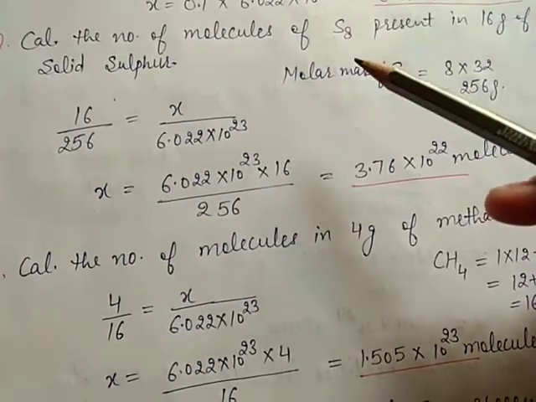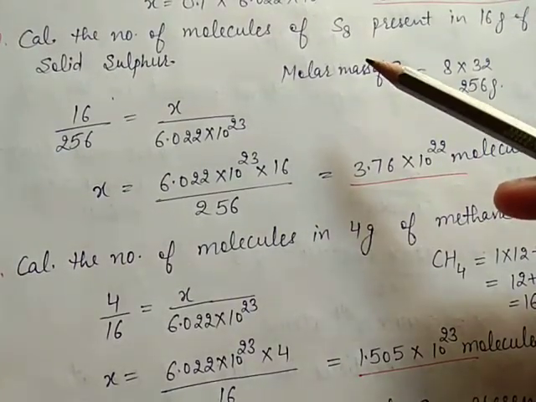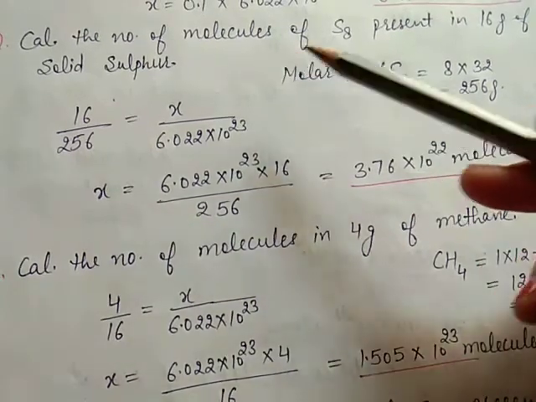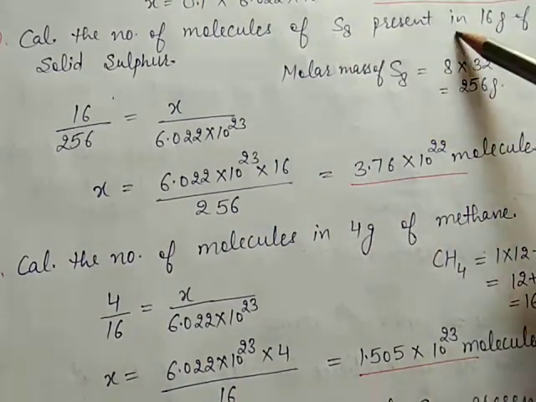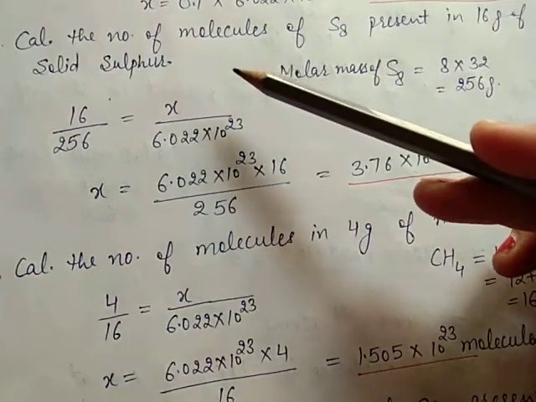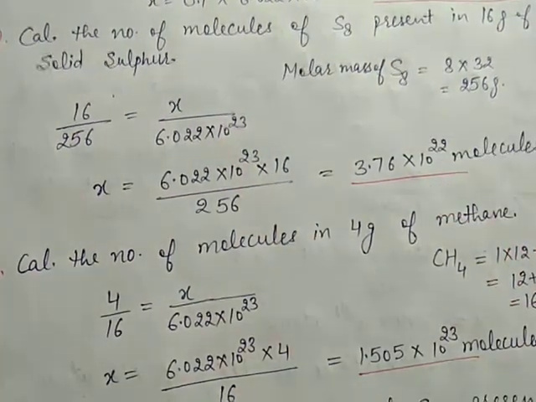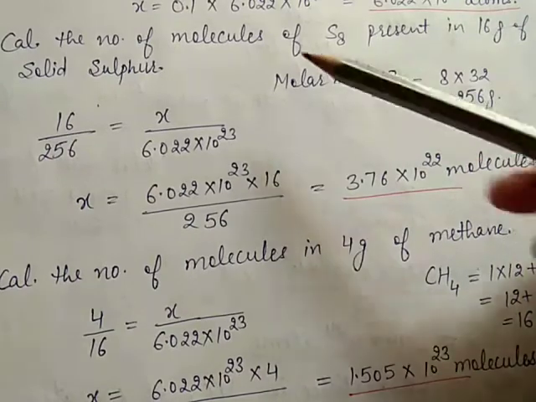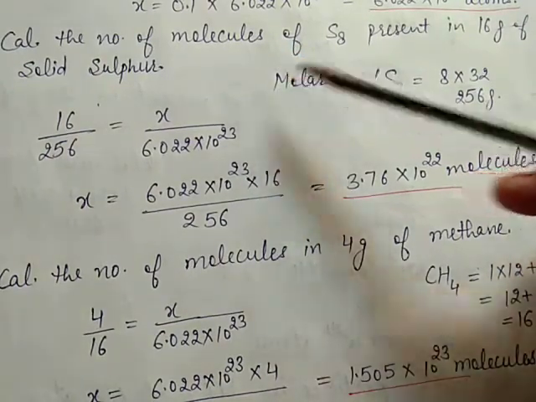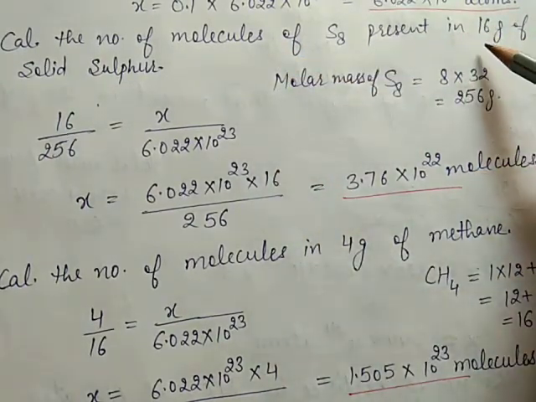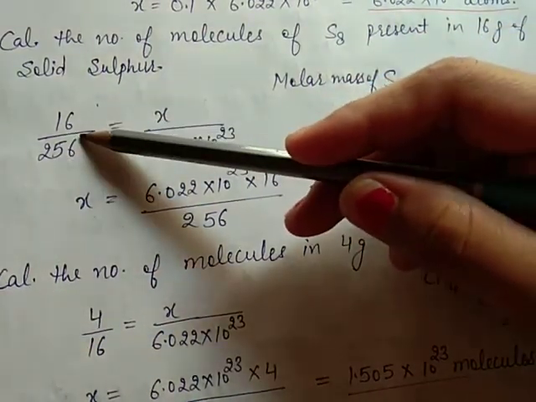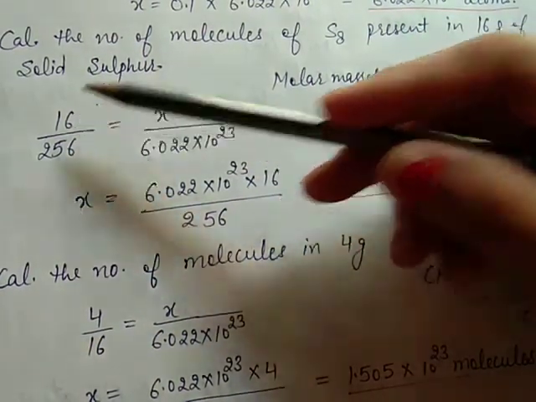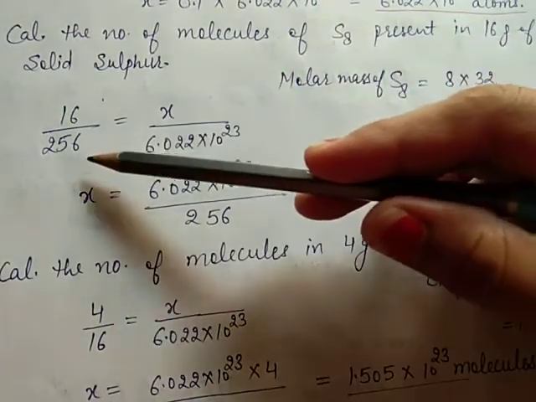Now the next question is very important for your exam. Calculate the number of molecules of S8, that is sulfur, present in 16 gram of solid sulfur. Here we have to calculate only the number of molecules and mass is given. Apply this formula: number of moles, that is given mass 16, divided by molar mass.